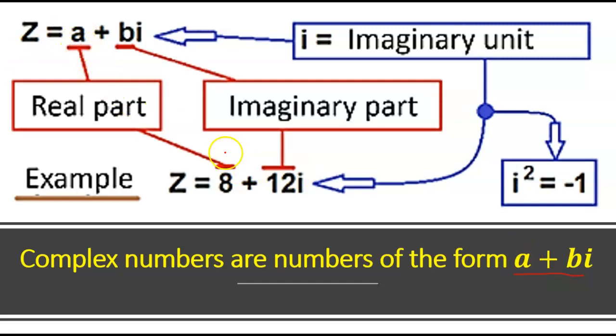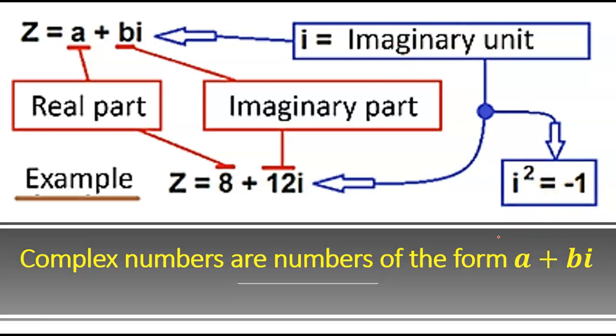And the part that is combined with the imaginary i is called the imaginary part. b is the imaginary part and i is the imaginary unit. Now, i squared equals -1, and we'll see why.